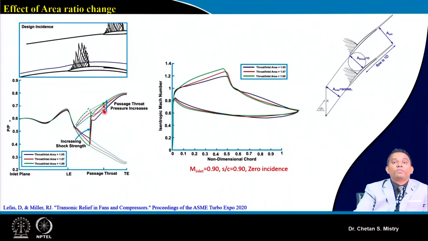Do not get confused when we say we are changing the area ratio in order to manage the flow. A small change in thickness, or a change in the location of maximum thickness, will help, or maybe we change the movement of our camber line, that will help in order to achieve the change of this throat area.